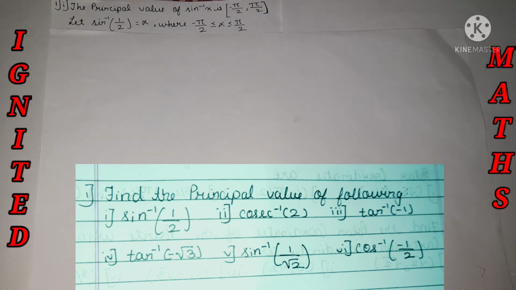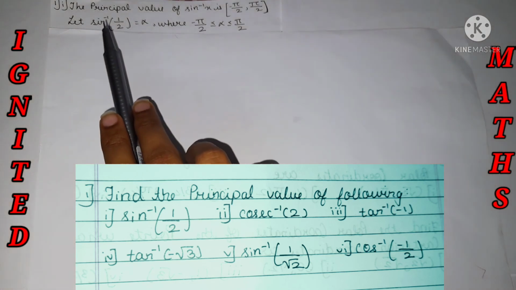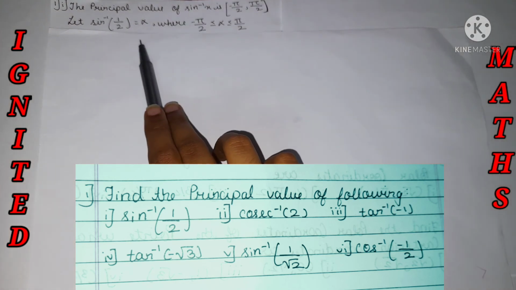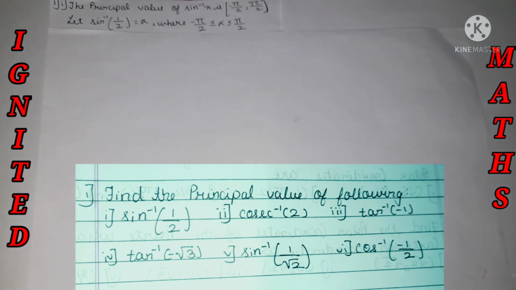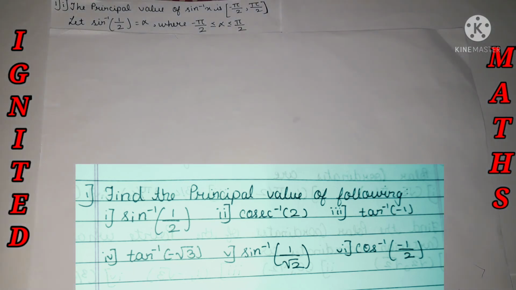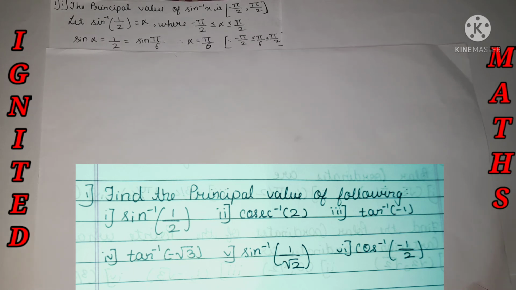Range of sine inverse x lies between minus pi by 2 and pi by 2. So if we represent sine inverse 1 by 2 as alpha, then alpha lies between minus pi by 2 and pi by 2. It's nothing but the range of sine inverse of x. So sine alpha is equal to 1 by 2.